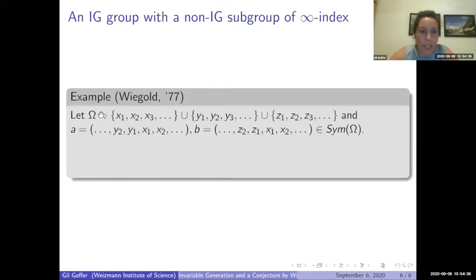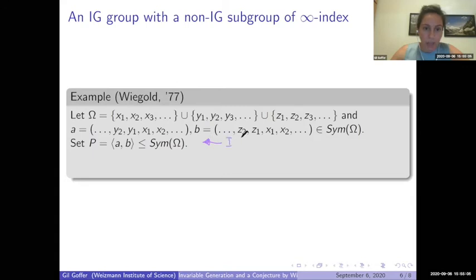He took the set omega, a countable set made out of 3 copies of the natural numbers. Here are 2 chosen elements in the symmetries of omega, and we consider the subgroup generated by these 2 elements. It is not very hard to show that this subgroup is invariably generated.